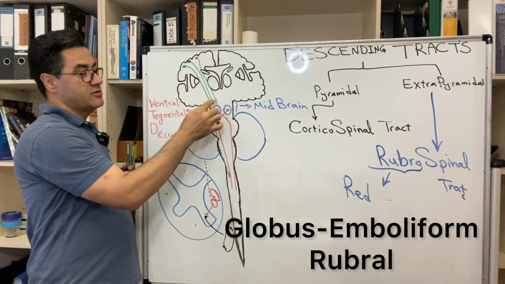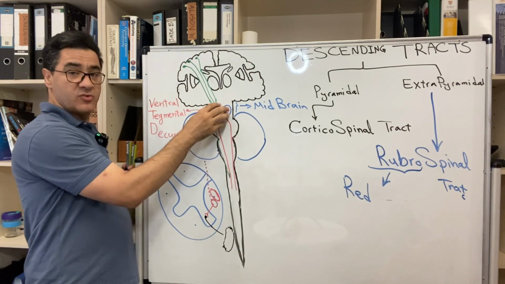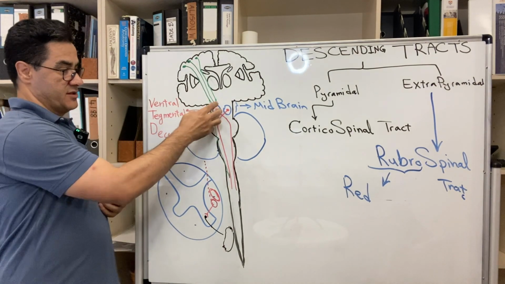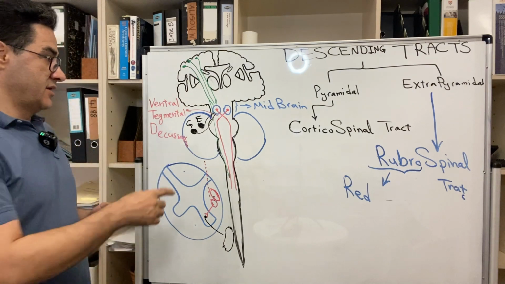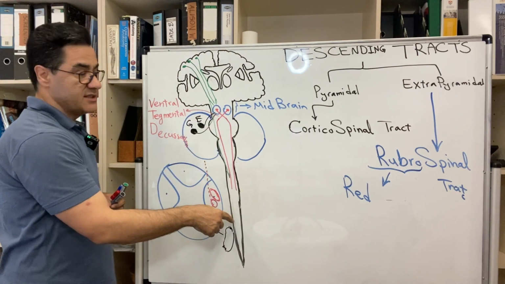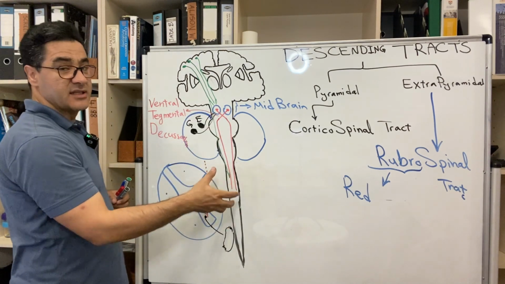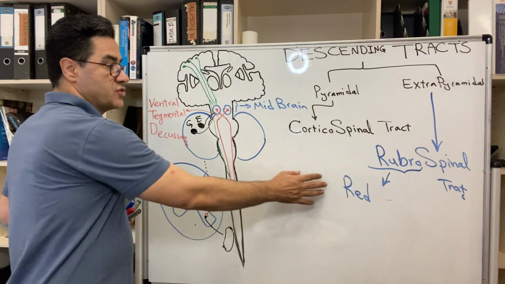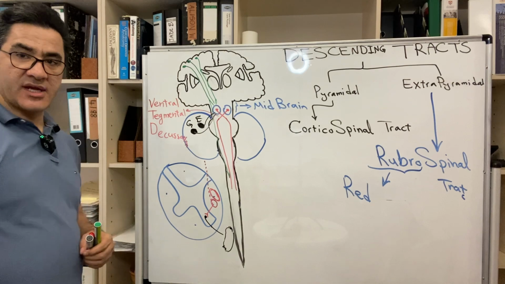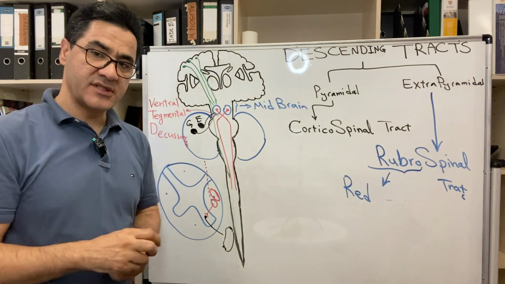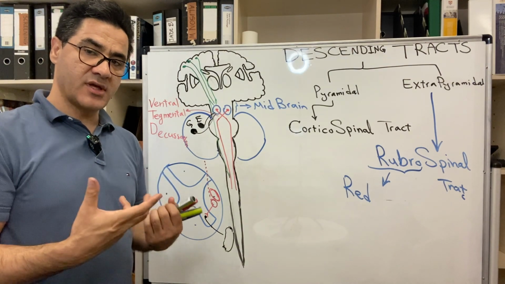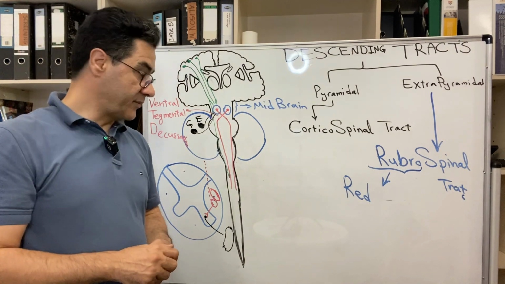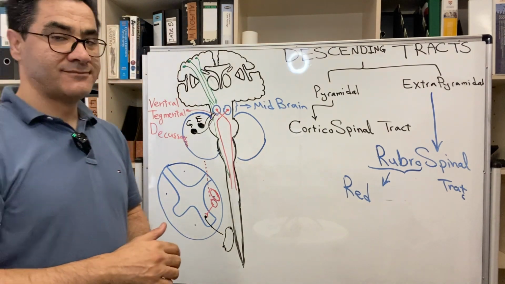So corticorubral and globose emboliform rubral fibers stimulate the red nucleus. Then the red nucleus sends information to the skeletal muscles of the hand and distal muscles through the rubrospinal tract, to assist the corticospinal tract to do flexion of the hand and also the distal end of the upper limb. Thank you so much.